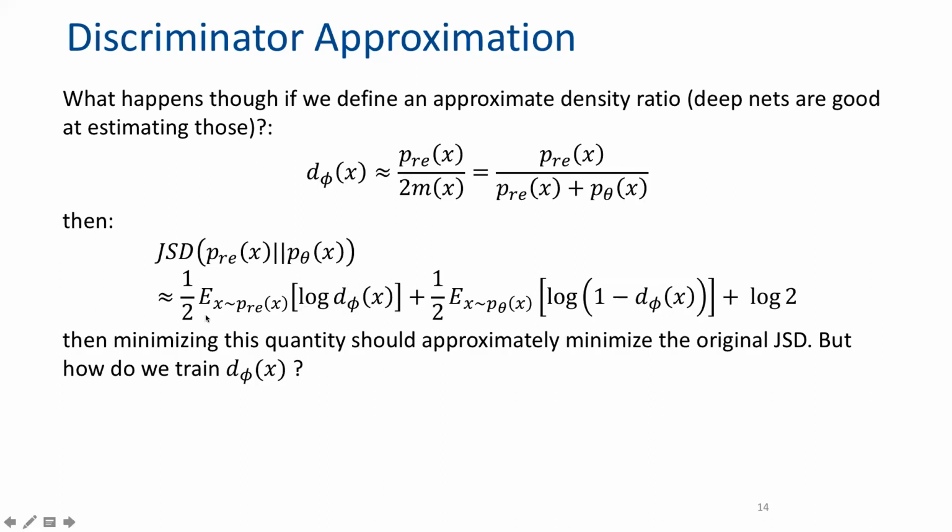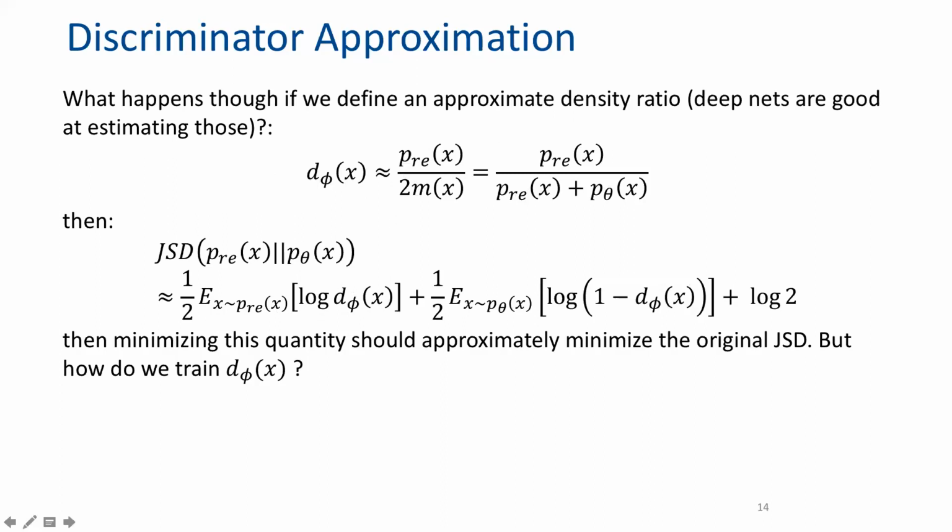Okay, so now if we write out the Jensen-Shannon divergence again with samples, and also the log of this slightly tweaked classifier output, and then take the expected value over synthetic samples of the log of, for the synthetic samples, we want p theta over the sum, and that's just 1 minus the discriminator output.